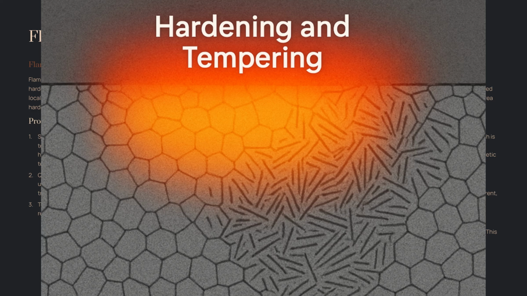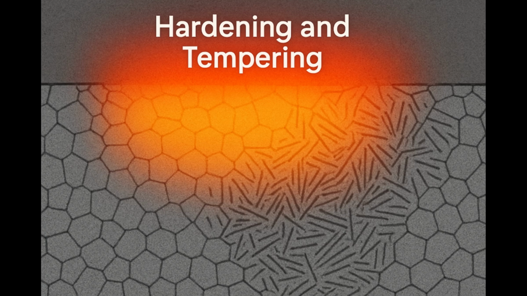Localized hardening. Only specific areas requiring wear resistance are hardened, which can be beneficial for large or complex parts. Shallow case depth. Typically produces a relatively shallow hardened case, suitable for applications where surface wear is the primary concern. Minimal distortion.